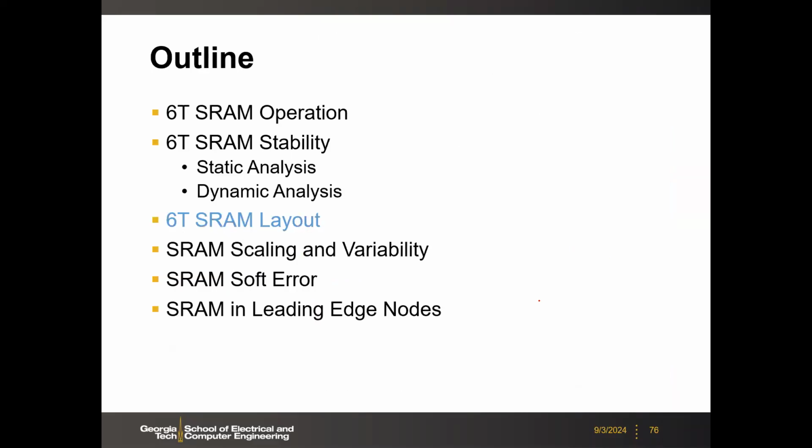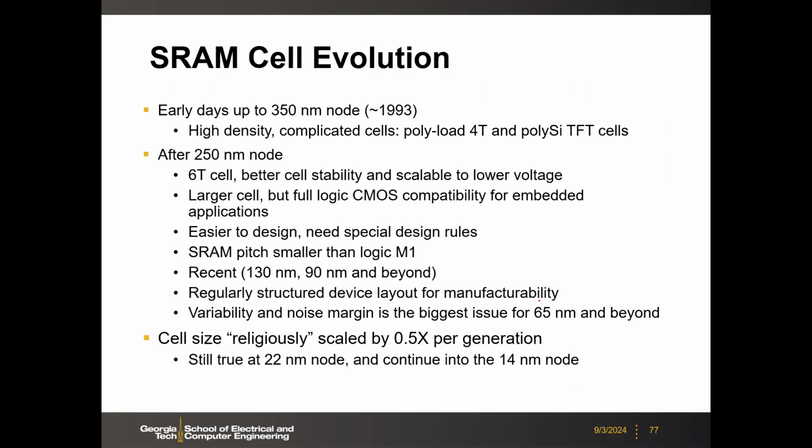Okay, so then let's talk about the SRAM layout. So here is a history of the SRAM cell layout evolution. In the early days, let's say above 350 nanometer node, you may not have 6 transistor SRAM. At that time, you may have this so-called polysilicon TFT SRAM cell, because at that time SRAM is expensive in terms of the area.